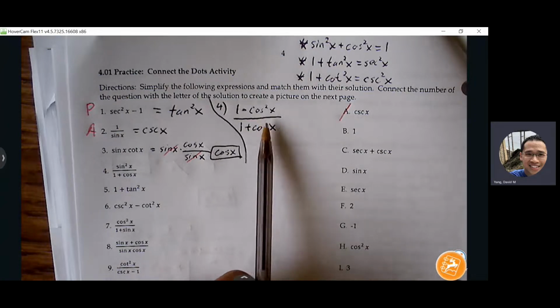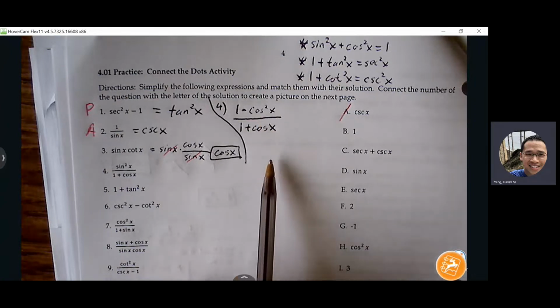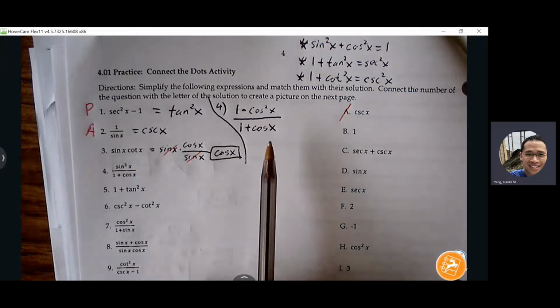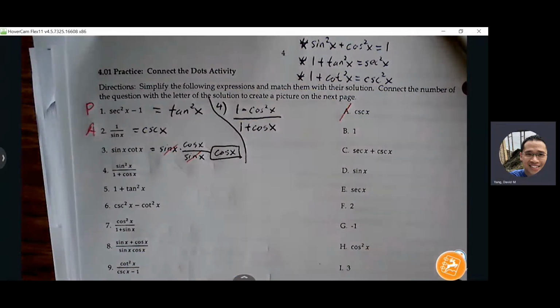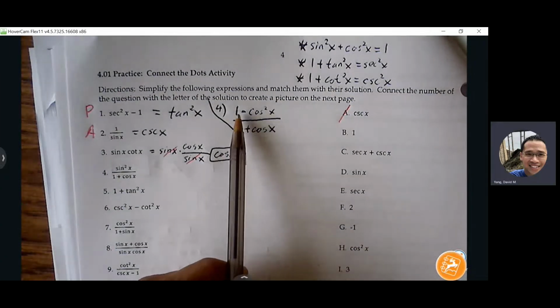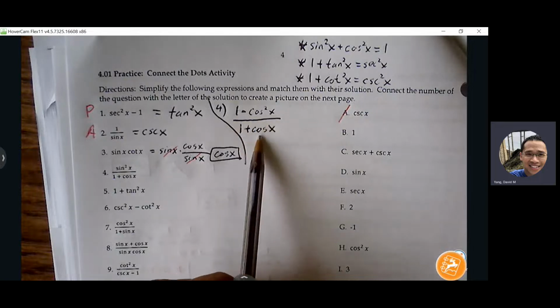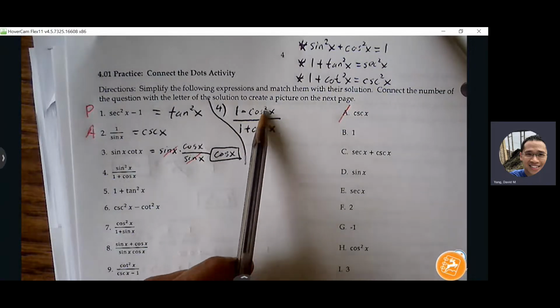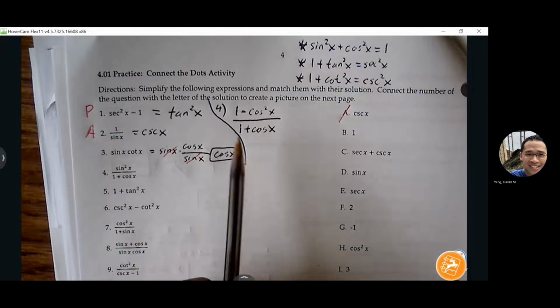Why can we not just cancel one of the cosines out again? Something else that I want you to verbalize for me. What's causing us to not be able to? What if it was 1 minus cosine x over 1 plus cosine x? That's still an issue. We still can't cancel. You guys know why?